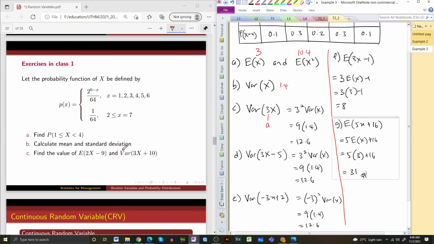Give you some time. Try to do the exercise in class 1 here. This one there's a typo here. This one nothing. Yeah? This is only x equal to 7.